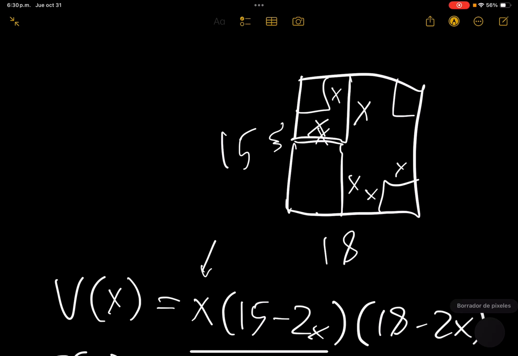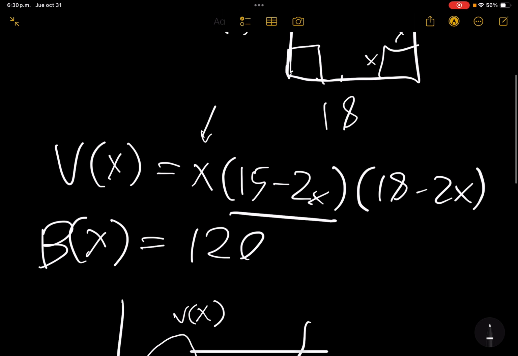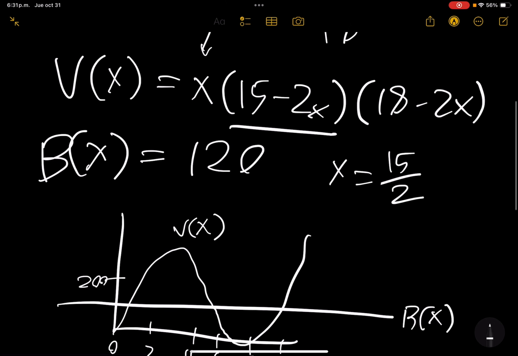That's where it doesn't make any sense. So, specifically to see where that happens at, we can look at our equation, right? 15 minus 2x. When x equals 15 divided by 2, because we're going to have to multiply by 2, that's its absolute maximum. We've cut up all the paper then.